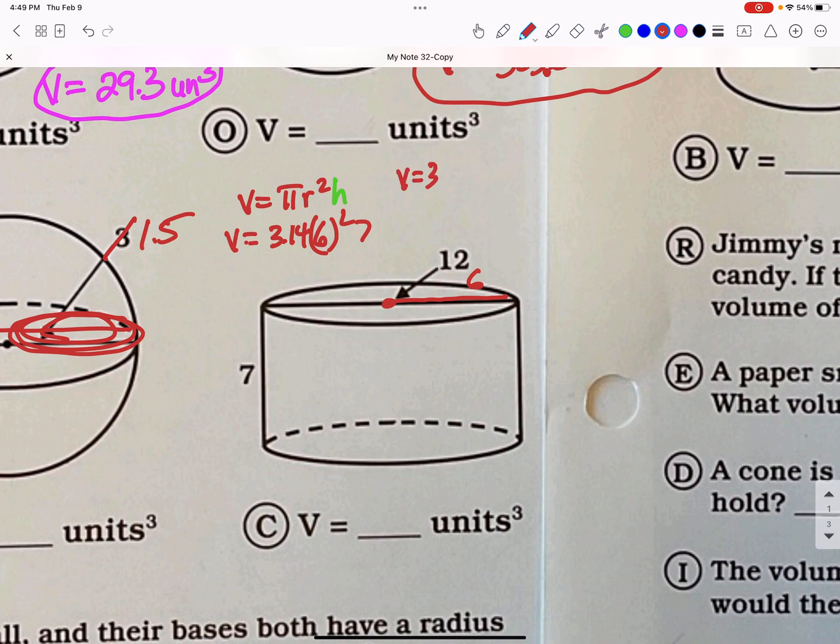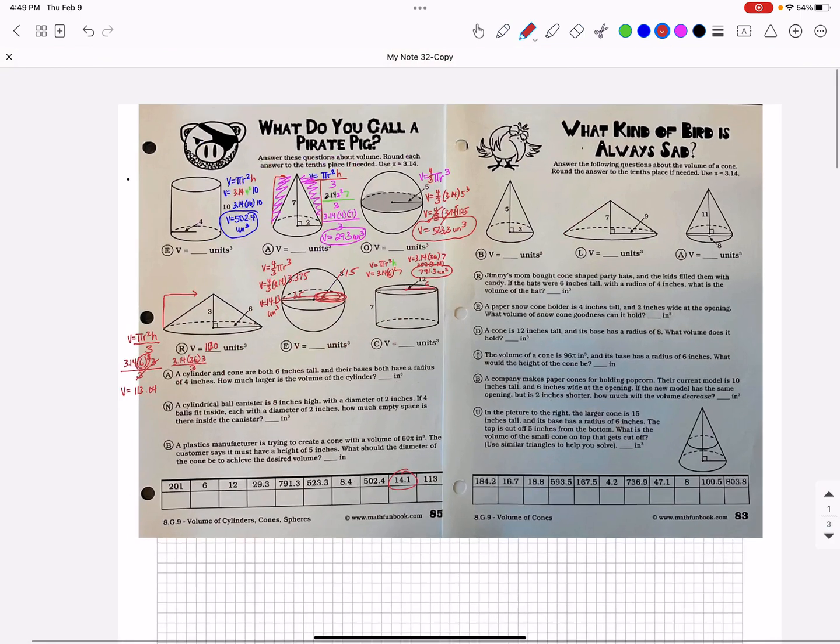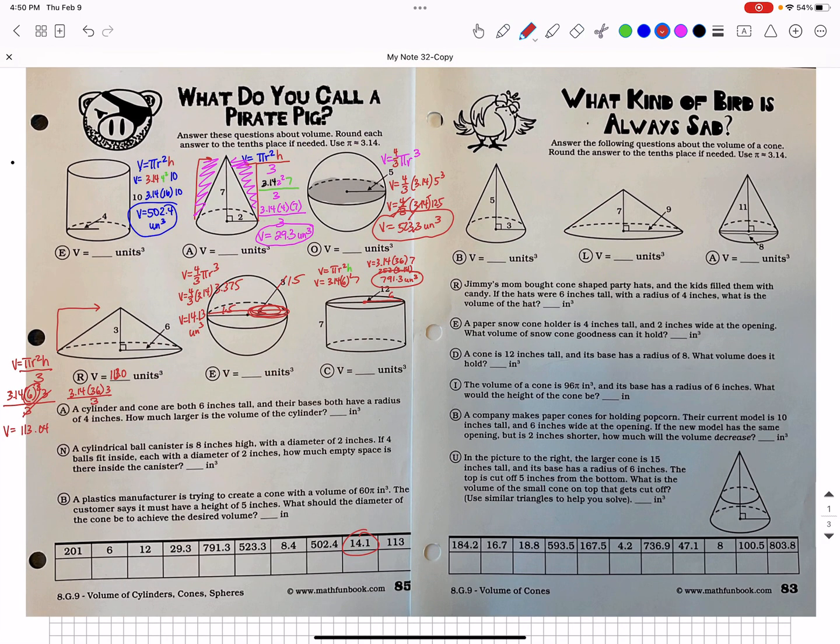Volume equals 3.14 times 36 times 7. All right, 36 times 7 equals 252 pi, or 252 times 3.14 equals 791.3 units cubed. All right, cool.